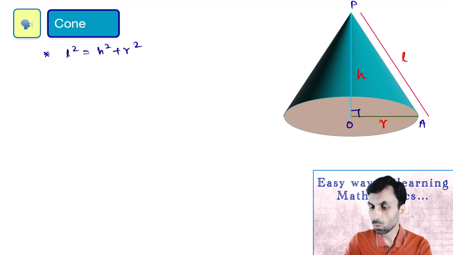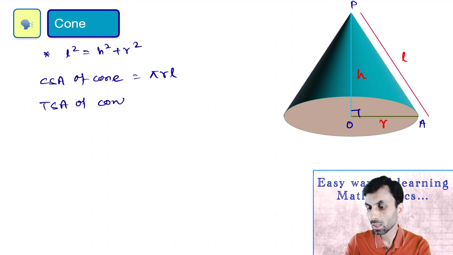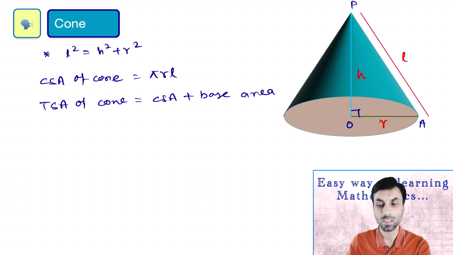Next, we'll talk about the curved surface area of cone, which will be equal to pi r L. When we talk about total surface area of cone, that will be curved surface area plus base area. Here the base is a circle whose area is pi r square.